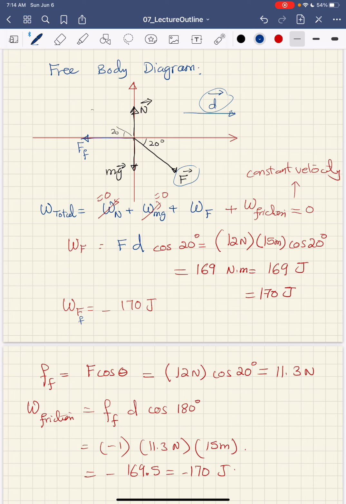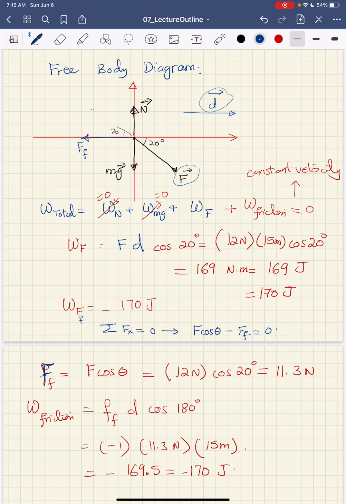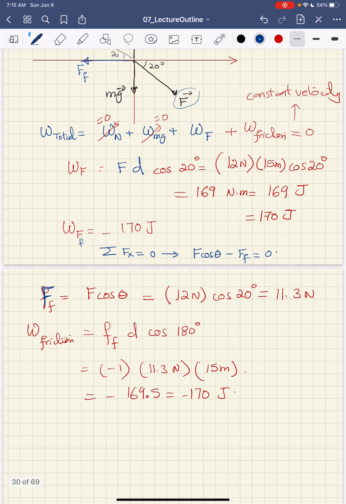because the object is moving with constant velocity, then F friction should equal the component of the force in the direction here. I did apply sigma Fx equals 0, and then I have F cosine theta minus FF equals 0, and then the force of friction is going to be F cosine theta, which is 11.3 newtons.